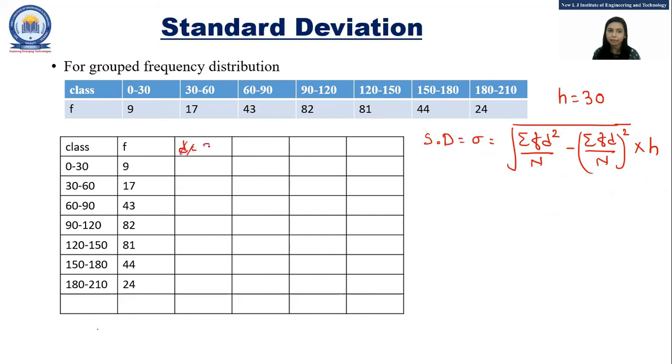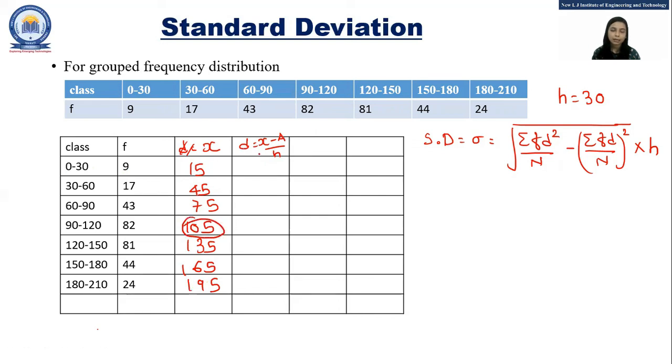In order to find that, first we have to find x. So x is nothing but the midpoint of these classes, that is 15, 45, 75, 105, 135, 165 and 195. Now d is equal to x minus a divided by h. Over here, as the value of a we can take 105.